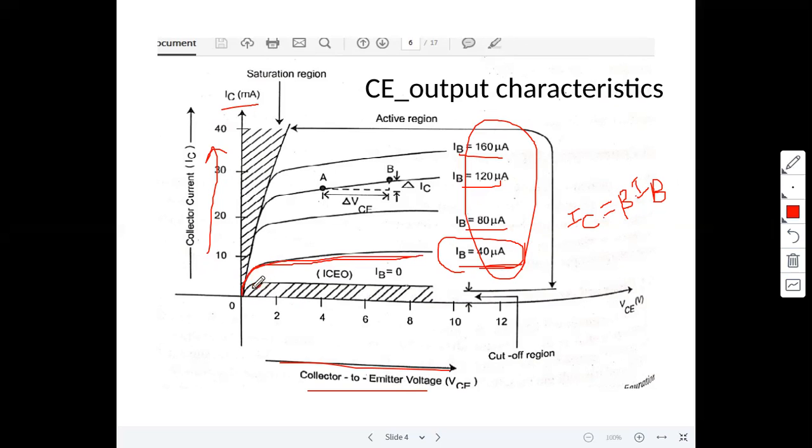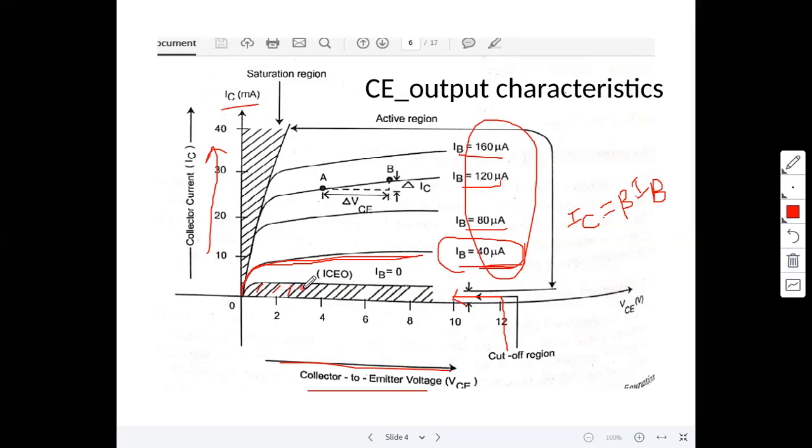There is one dotted line shown here, below IB is equal to 0. This region we have not discussed so far. This region is the cutoff region. In this region, both transistor junctions are in reverse bias and IB is equal to 0.